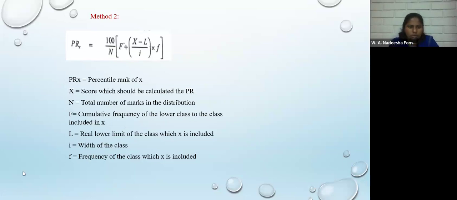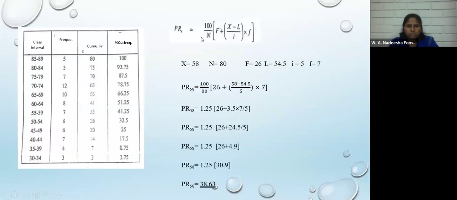Now let's see how to calculate it. Again, the same table here. 58 is here, so we identified the class interval where 58 lies. Then N is 80, the maximum cumulative frequency, capital N equals 80. You are asked to find 58, so X equals 58.